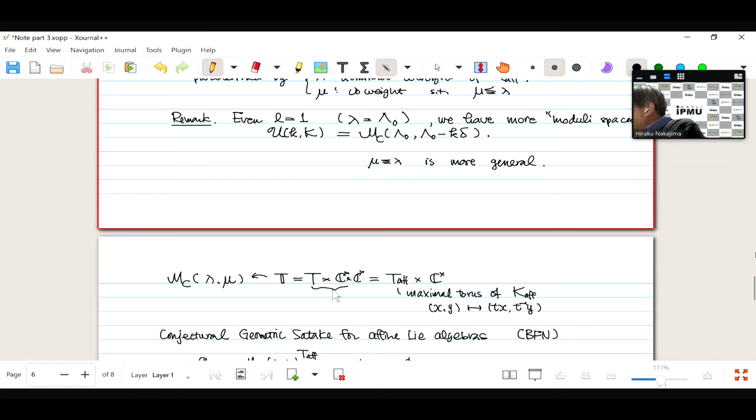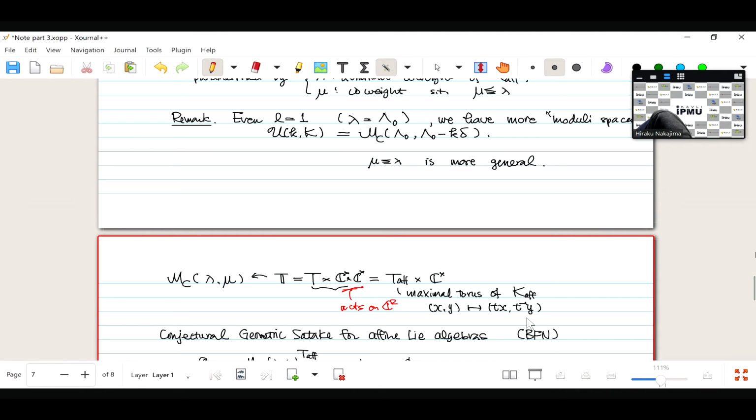And this C star cross C star originally acts on the base. So this acts on C2. And for the level 1 case, this is lambda 0 minus k delta. So this one piece of C star is not really one factor.